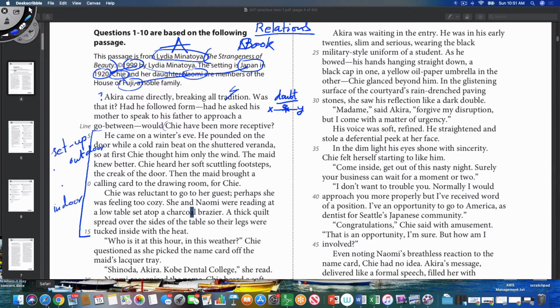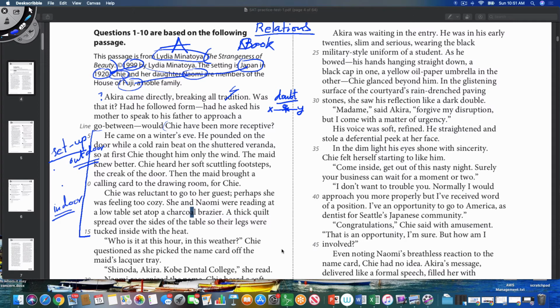Again, I don't know if they have a question, but I had the foresight to note that, because if there was a question like what was the environment in which Chi and Naomi were spending the evening, was it cold, was it hot, and so on, warm, or was it comfortable, was it not comfortable, were Chi and Naomi getting drenched in the rain or not, I can go back, double check on my indoor and outdoor notes, and I'll be fine with it.